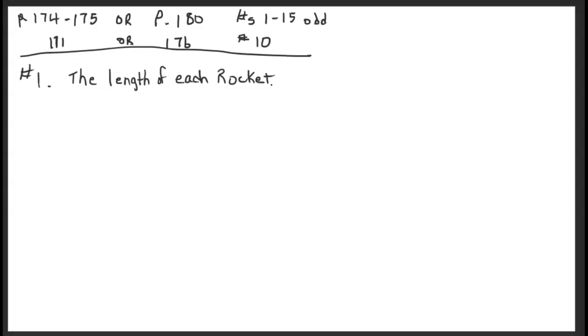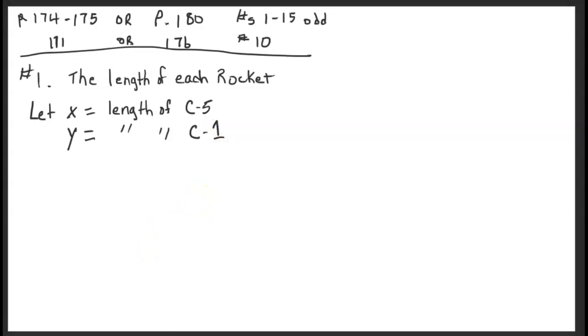Now, it's important to know what's being looked for because that's going to help you establish your let statements. Okay, so I'm going to say let x equal length of C5 rocket, and I'll let y equal length of C1 rocket.